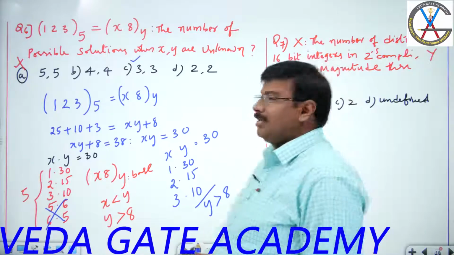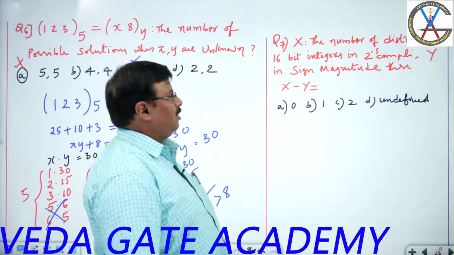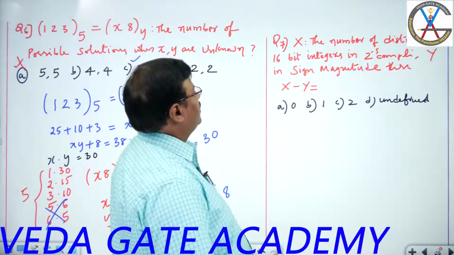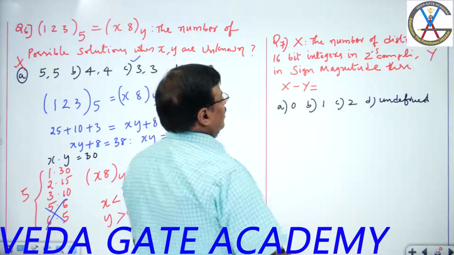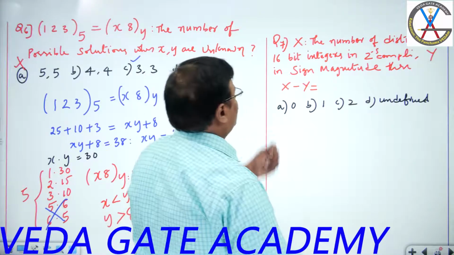And next we have the question. The number of distinct 16-bit integers in 2's complement representation is x, and in signed magnitude is y. Then x minus y.